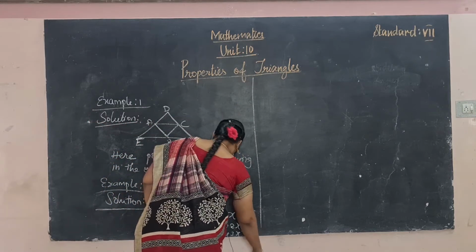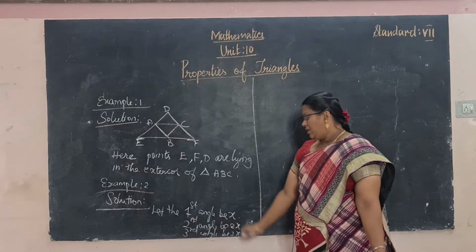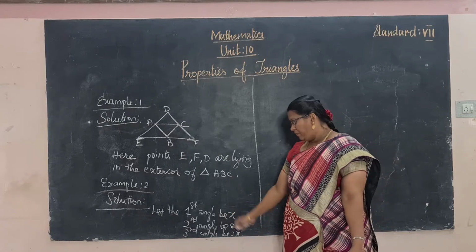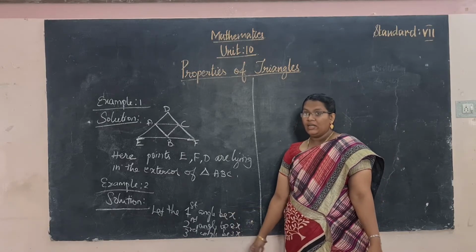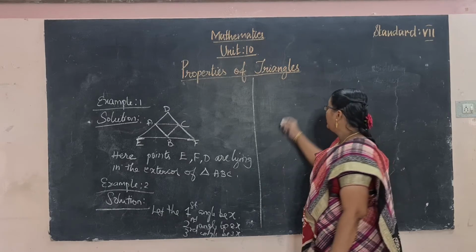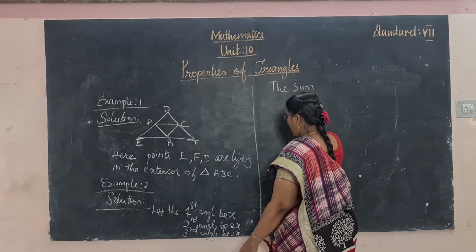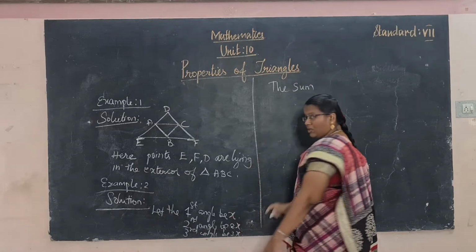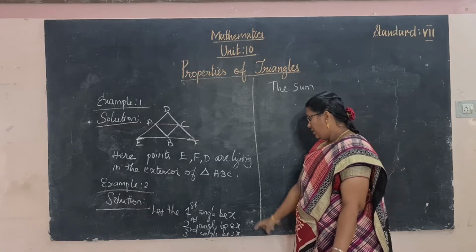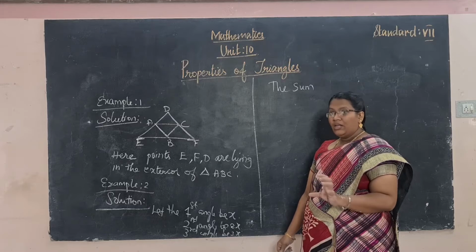Now what is the relation between the sum of the three angles? It is 180 degrees, using the angle sum property of a triangle.